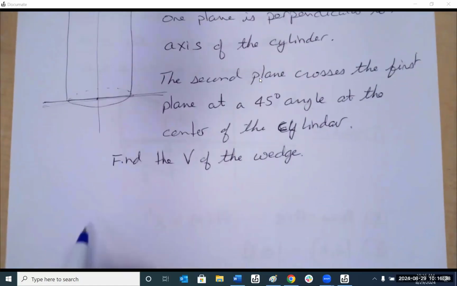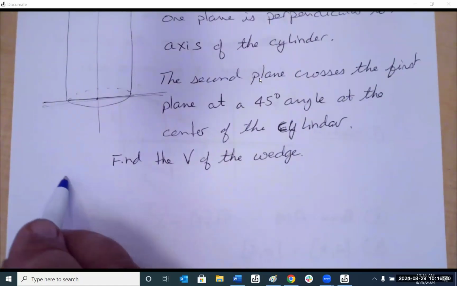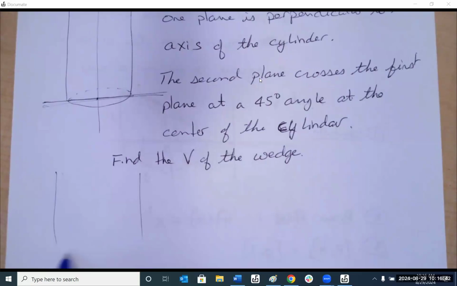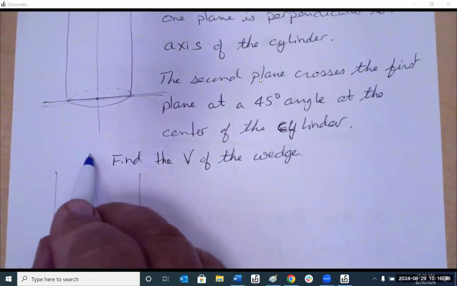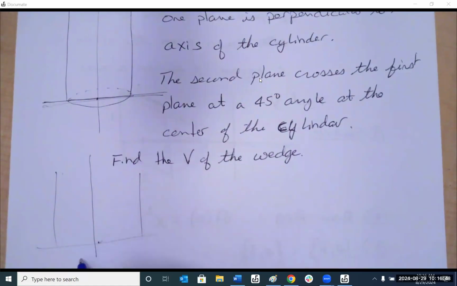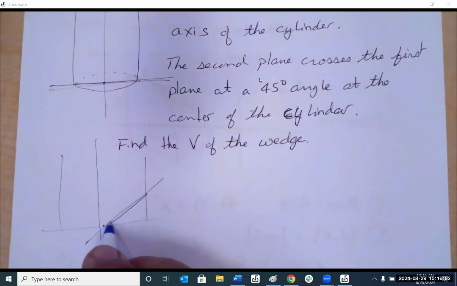So this is what it's going to look like from the side. We had our cylinder. From the center, we cut it this way, and then we cut it 45-degree angle from there. So we're looking at this object here.